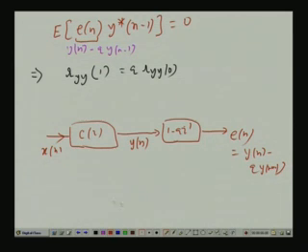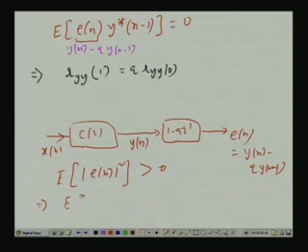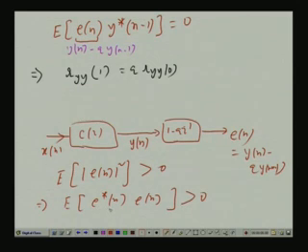That is, we know the philosophy E of mod E n square greater than 0, this leads to the fact E of E star n E n greater than 0. Here you replace E n by y n minus q y n minus 1. This makes it simpler.